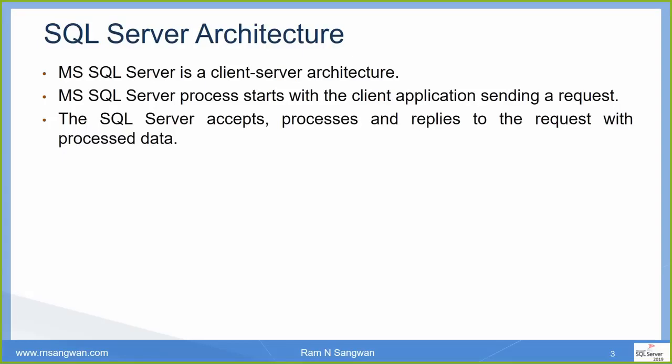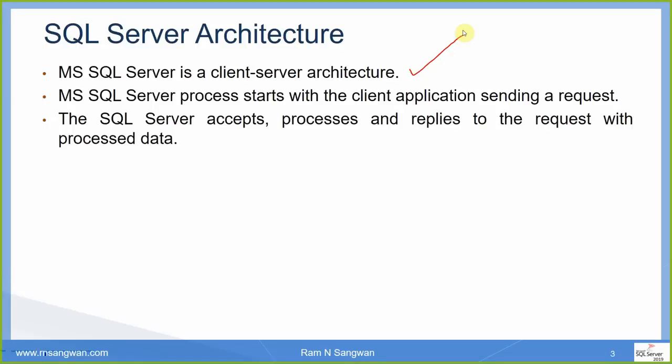Obviously, it is a client server architecture, no surprise, because whenever we talk about these relational databases, all of them are client server model, where the client makes a connection. The client may be a user, a human, an application, or wherever the request is coming from, about managing the databases and the data.